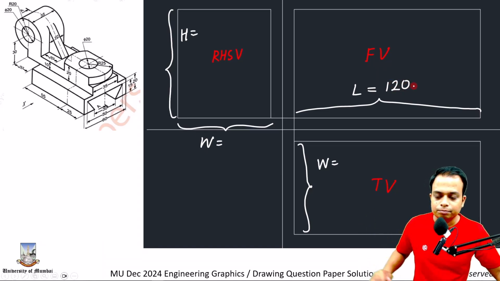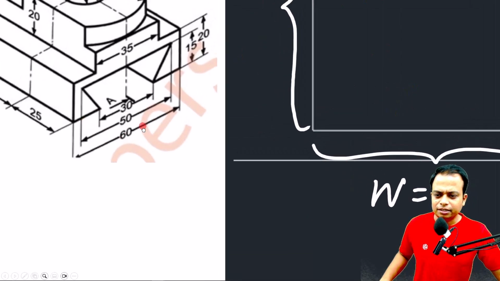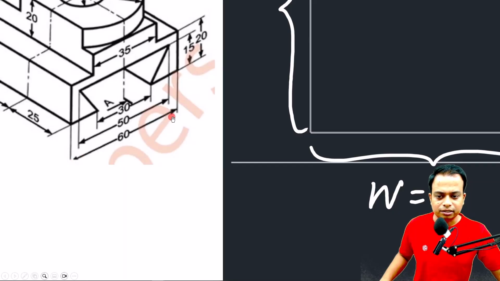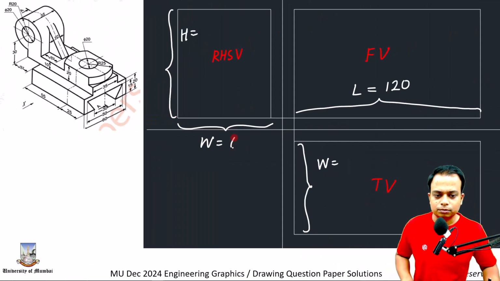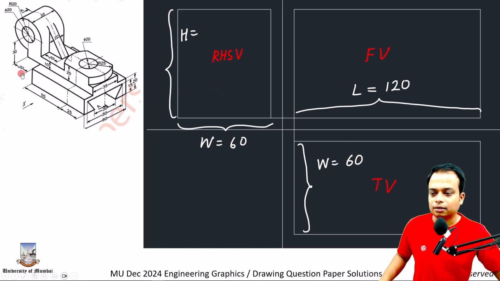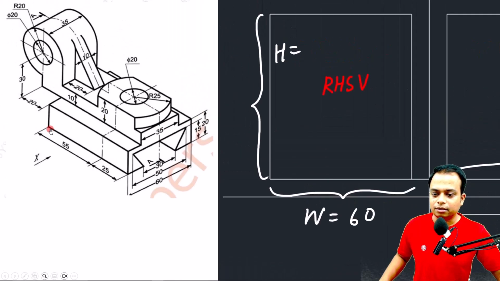Agreed? Okay. Secondly, as far as the width is concerned, the maximum width is 60. Done. What about the height, sir? Well, it can be worked out easily. This height over here is 20. Agreed? Yes. 20 plus 30 is 50. 50 plus this 20 radius is 70.